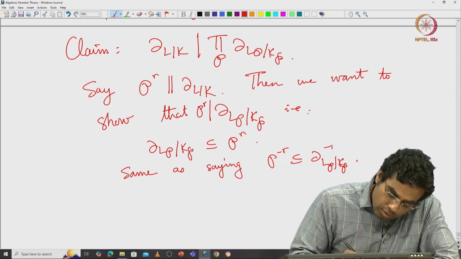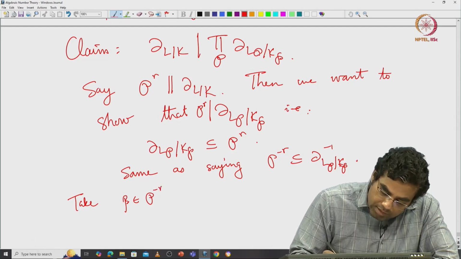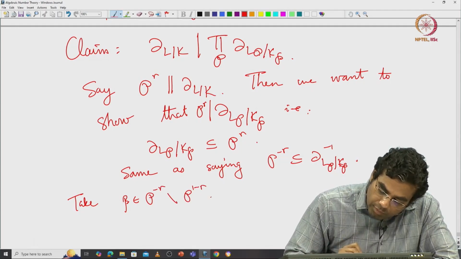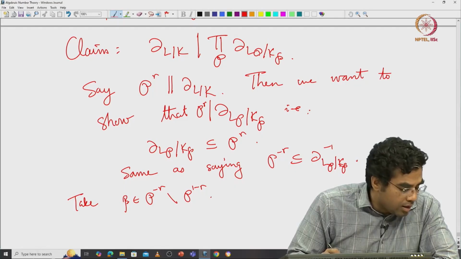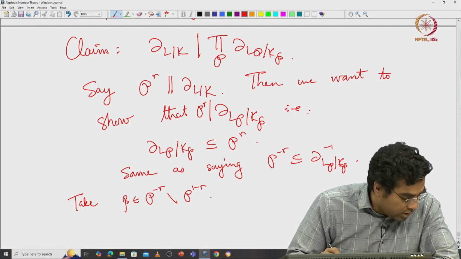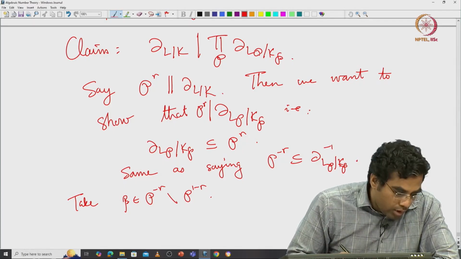Okay. So, what I do is I take beta which is in P to the minus r, but not in P to the 1 minus r. So when I multiply this by P, I get a slightly smaller ideal, and I do not want beta to be in that ideal.